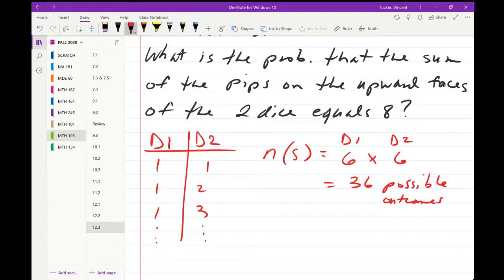So that goes back to our counting principle. If I had a die that was 6 faces and then die 2 was eight faces, then I would do 6 times 8. So you just multiply those numbers together to figure out the number of possible outcomes.